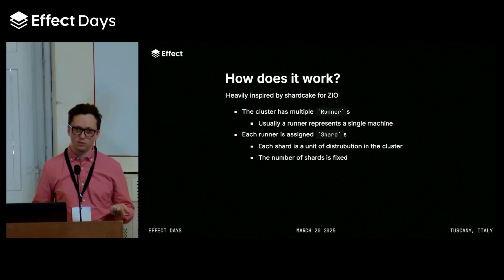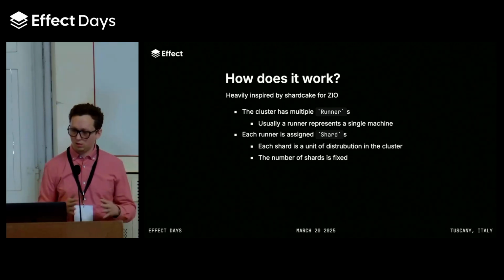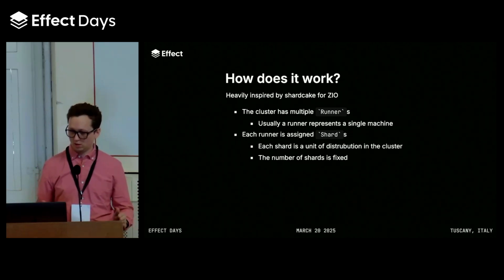The number of shards is fixed. So you would have 300 shards, and your number of runners might grow and expand as your cluster auto-scales. Regardless of how many runners or machines you have, the 300 shards are always evenly distributed. So if you had 300 shards and 100 runners, each runner would have 3 shards.